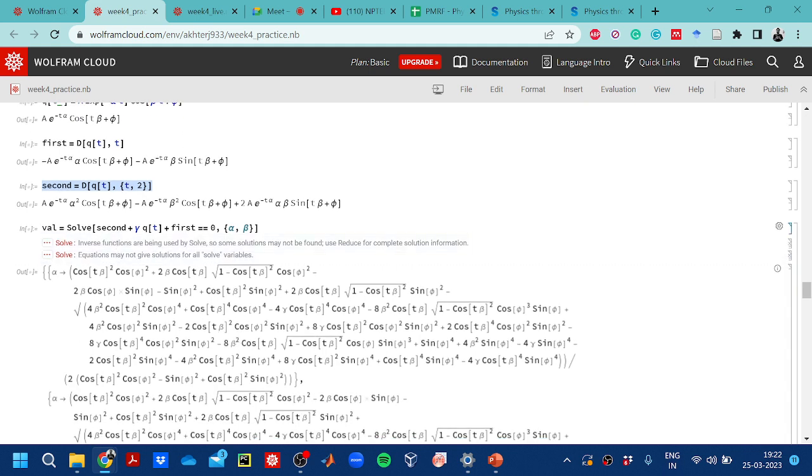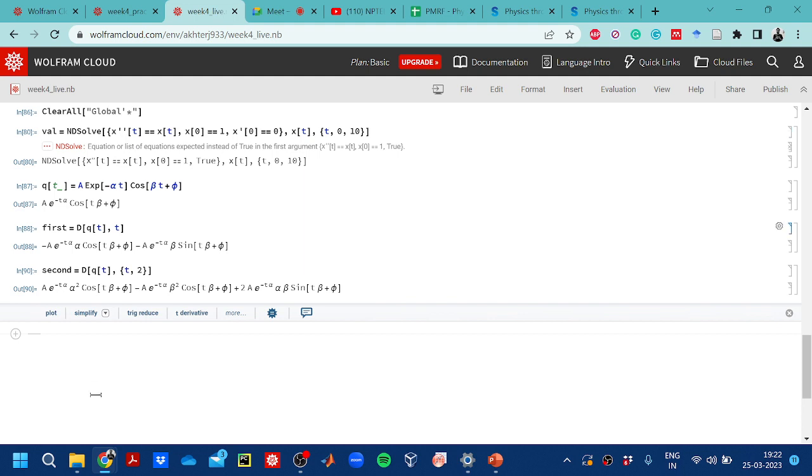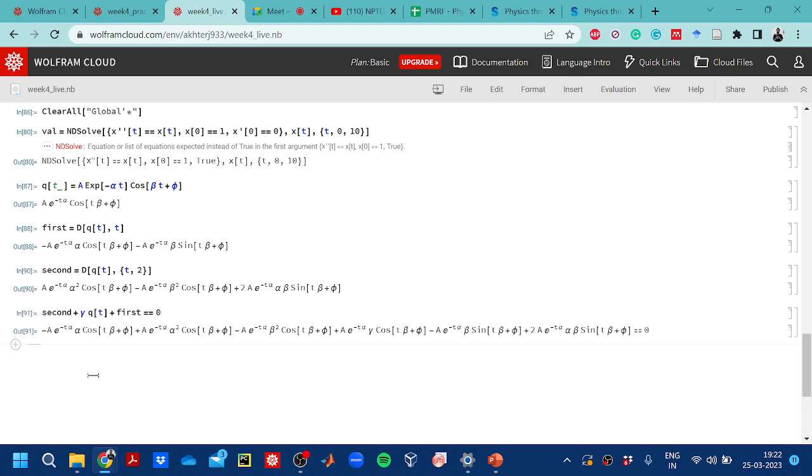Now what is our given equation? So this is our equation: second order derivative plus first order derivative plus gamma into q(t). And we want to solve this. This command will give us the equation first. So let us check. If we write down this, this is our equation that we want to solve.